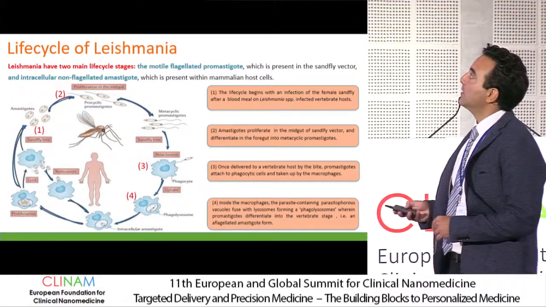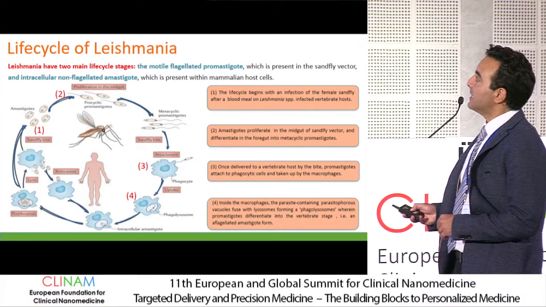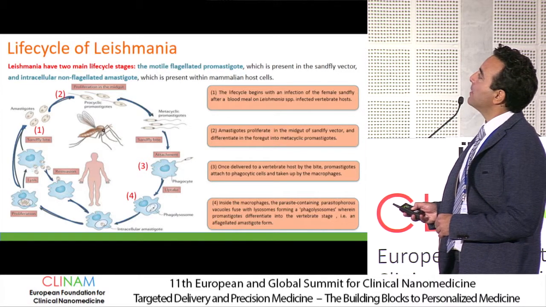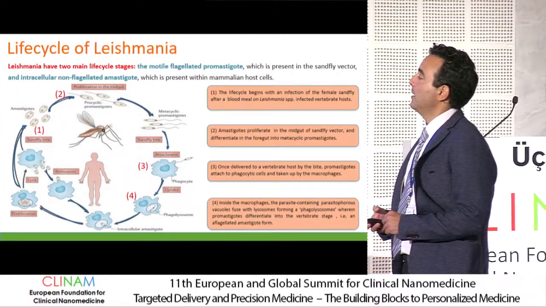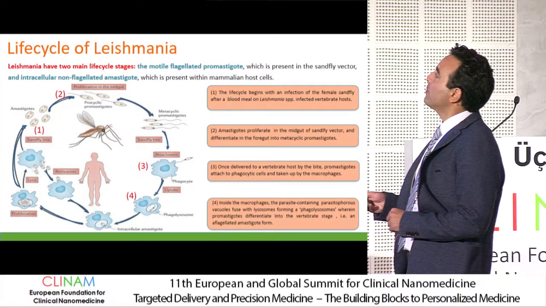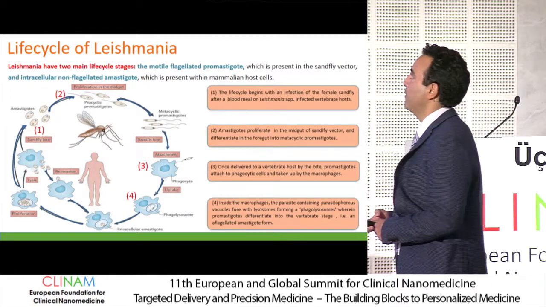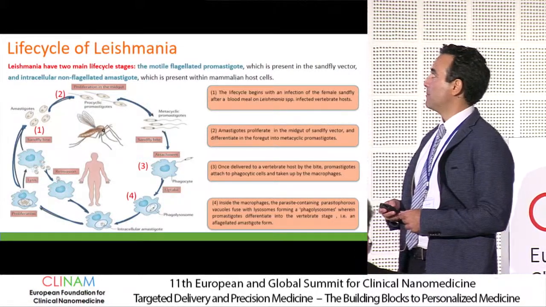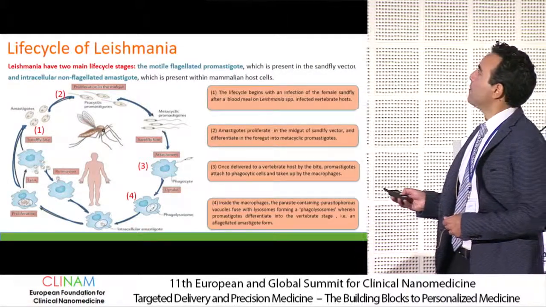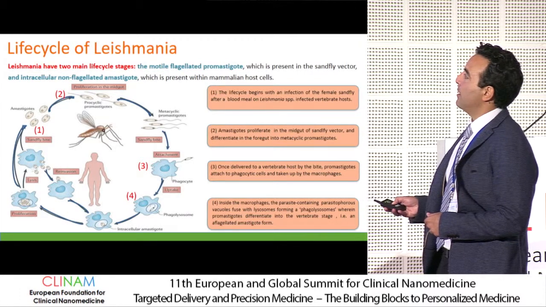The life cycle begins with an infection of the female fly after a blood meal on Leishmania species infected vertebrate hosts. Amastigotes proliferate in the midgut of the sandfly vector and differentiate in the foregut into metacyclic promastigotes. Once delivered to a vertebrate host by the bite, promastigotes attach to phagocytic cells and are taken up by the macrophages.